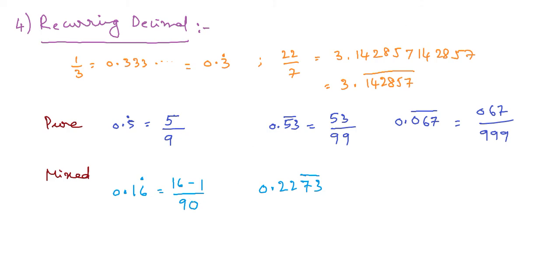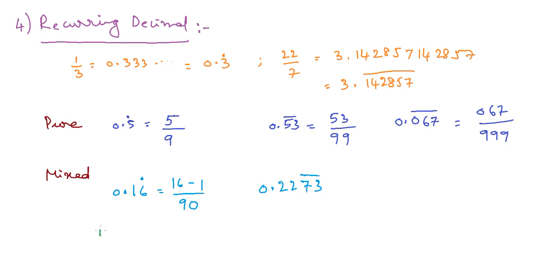Let me write here, so you can see it clearly. What exactly do we have to do? In the numerator, we need to take the difference between the number found by all the digits after the decimal and that found by the digits which are non-repeated.